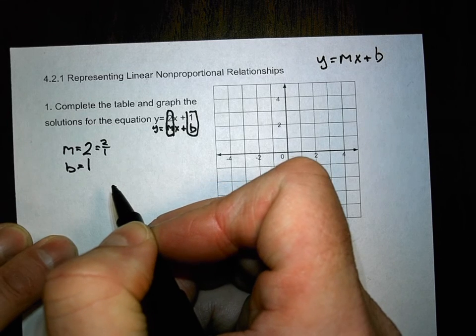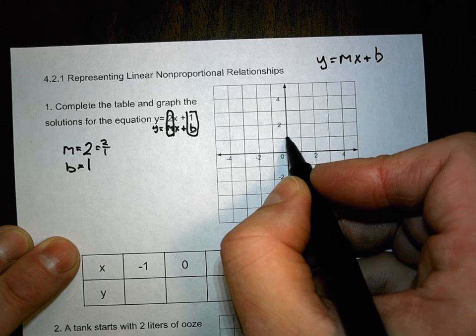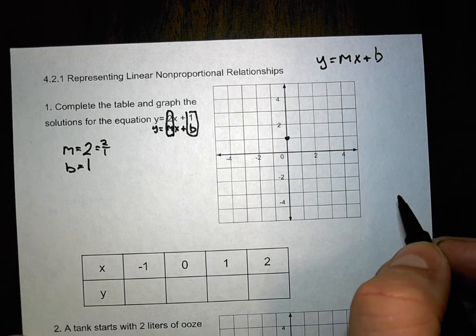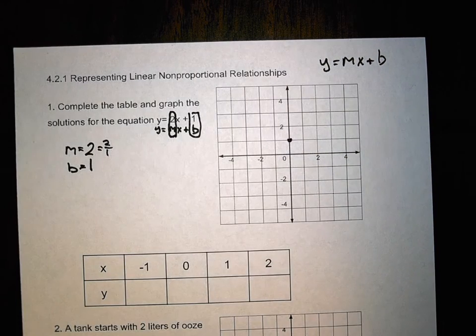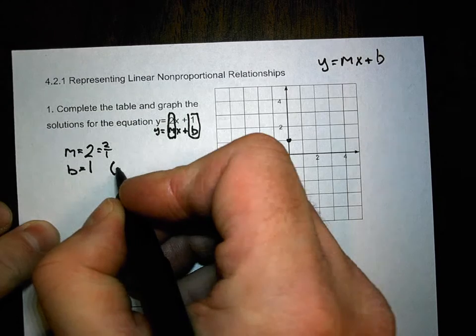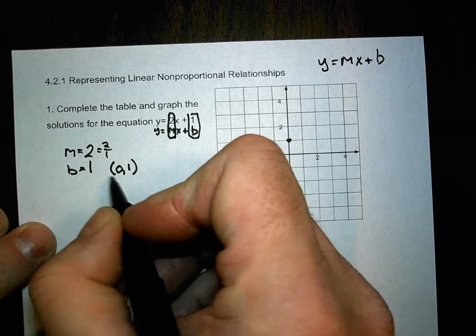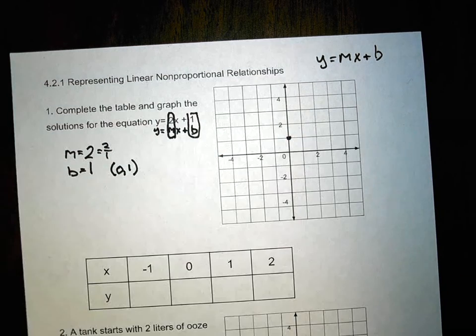Rise over run. And we know that b is 1, so I can put a mark at 0, 1. Remember, in the case of b, the x coordinate is always 0. So the y-intercept is 0, 1.